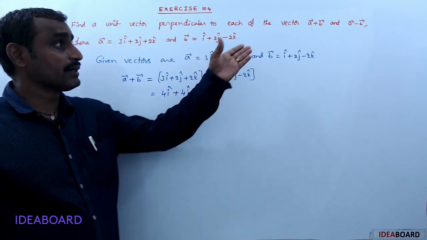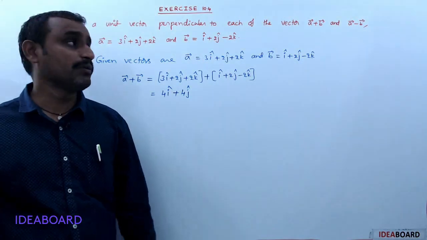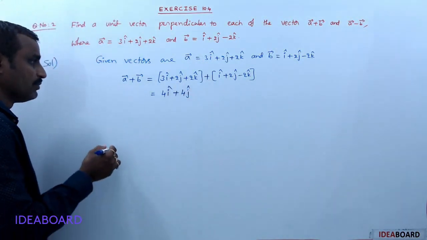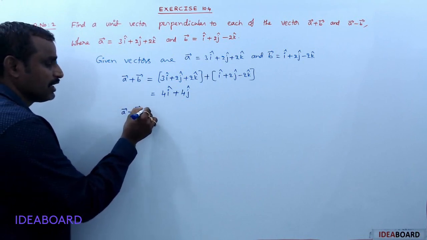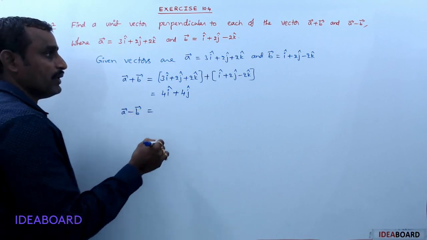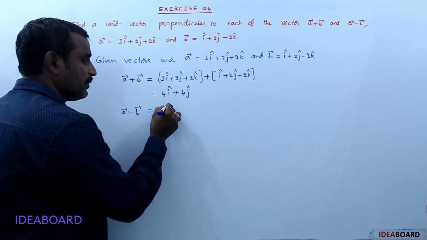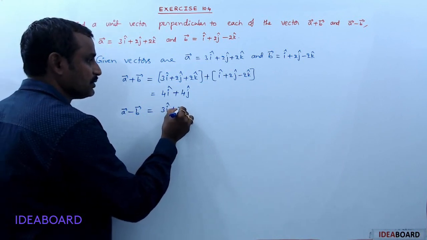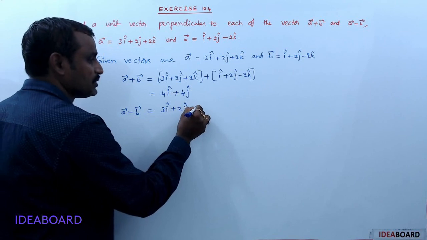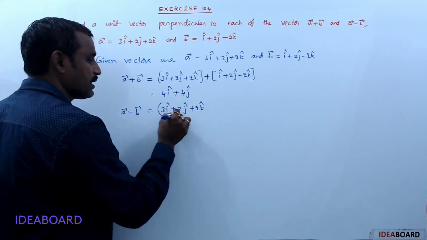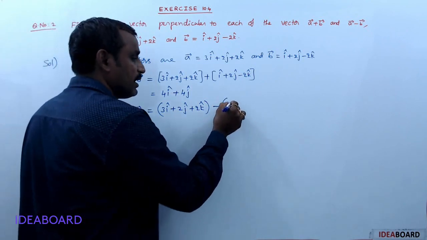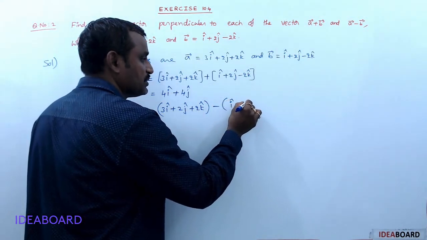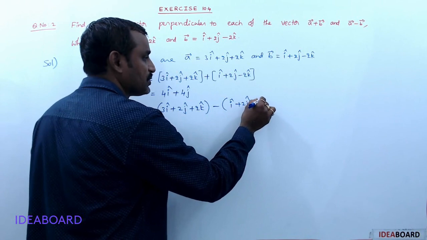So now similarly you can calculate a bar minus b bar from the given vectors. a bar minus b bar is equal to 3i cap plus 2j cap plus 2k cap, subtraction with the vector i cap plus 2j cap minus 2k cap.